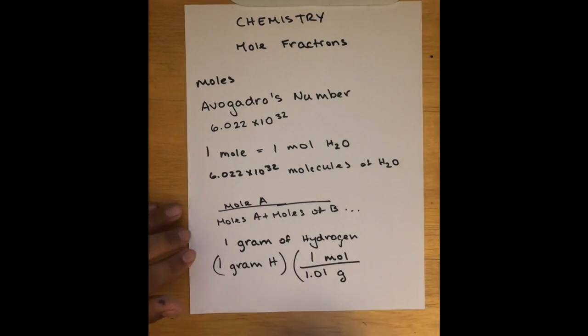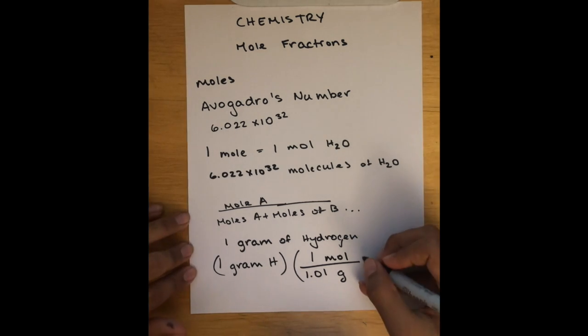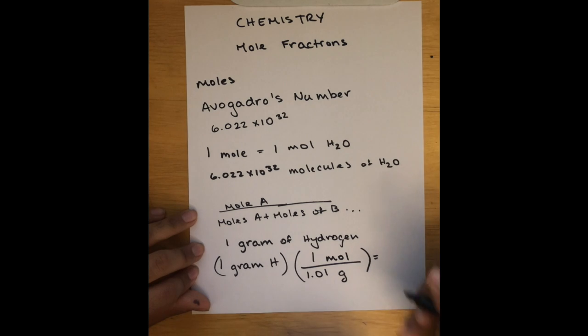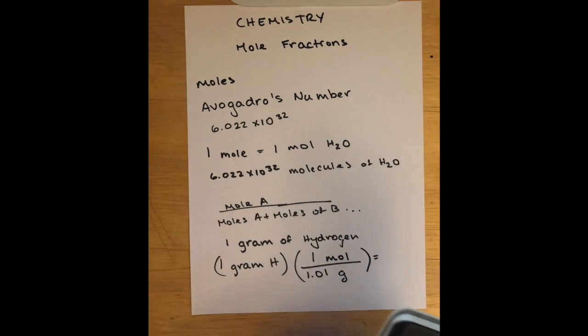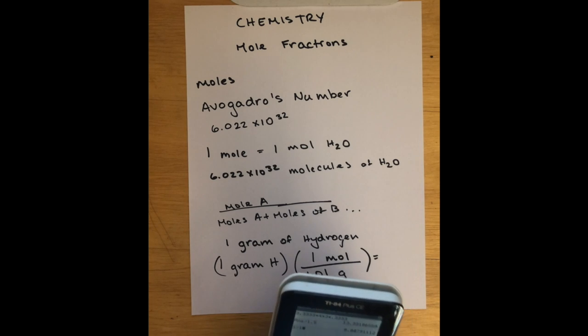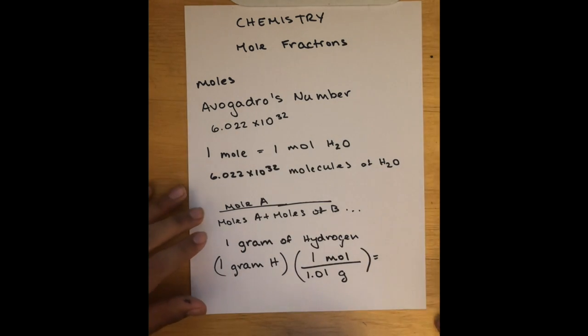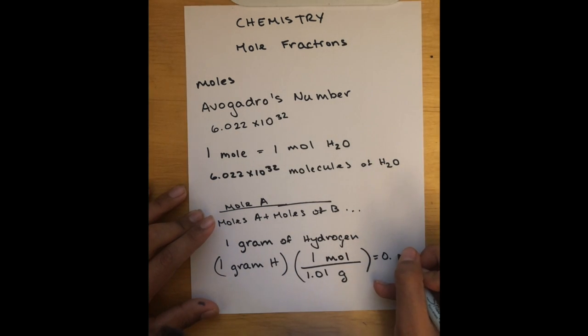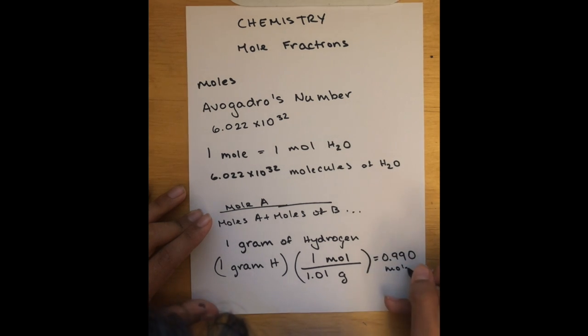And we know this from the periodic table of elements, where 1 gram of hydrogen will be equivalent to approximately, if I get out my calculator here, 0.990 moles.